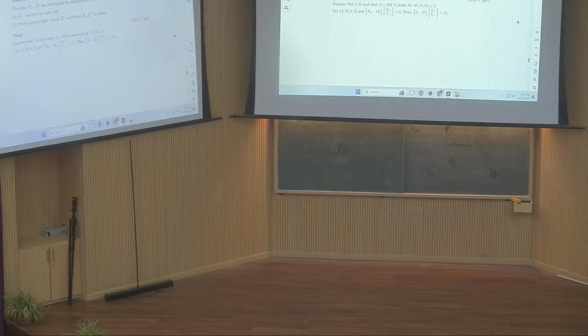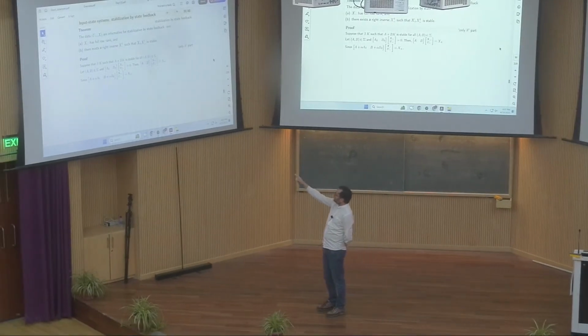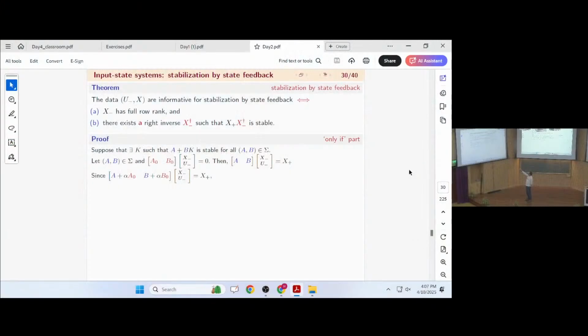Then I see that this new pair, A plus alpha A0, B plus alpha B0, satisfies the defining property of data consistent systems. Therefore, this new pair is also a data consistent system. And this is regardless of the value of alpha.